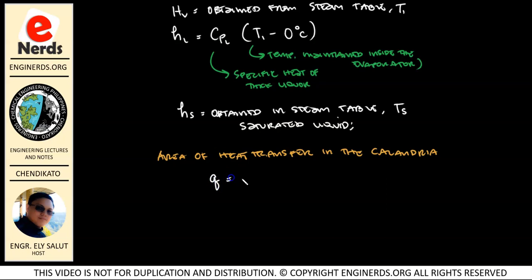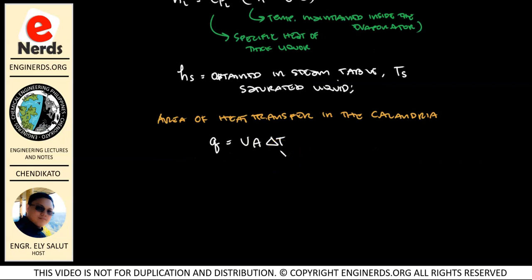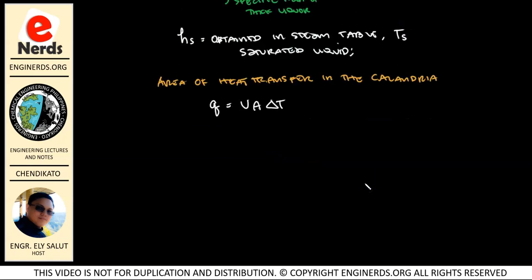We have Q is equal to U A delta T. Okay, so yung delta T natin dito is the difference between the saturation temperature and the temperature that we are maintaining inside our evaporator. So this is actually Q is equal to U A times TS minus T1.